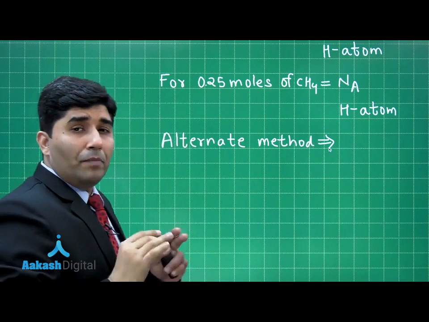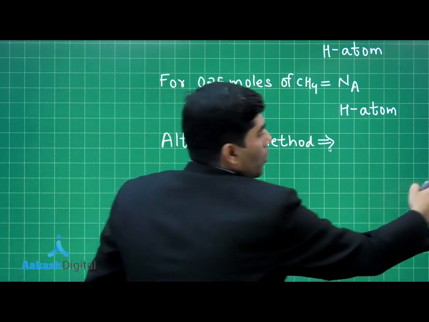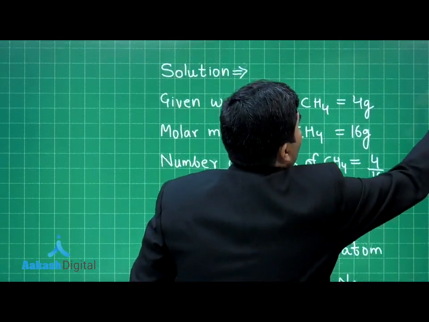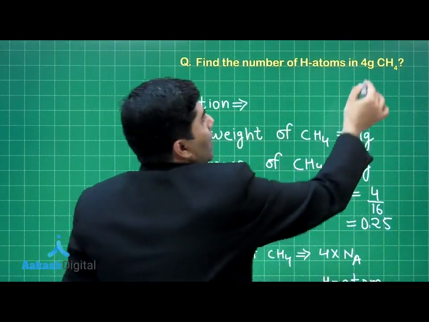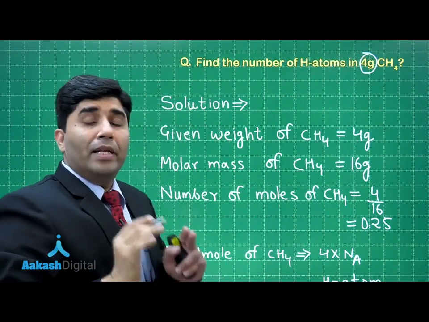Now in this alternate method, we will always solve for 1 mole. Now let's check what is given in the question. 4 gram of methane is given, and he is asking the number of hydrogen atoms.